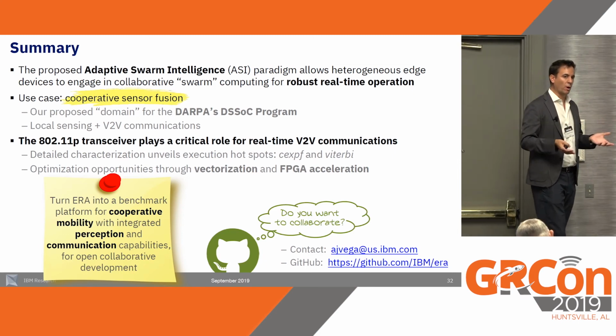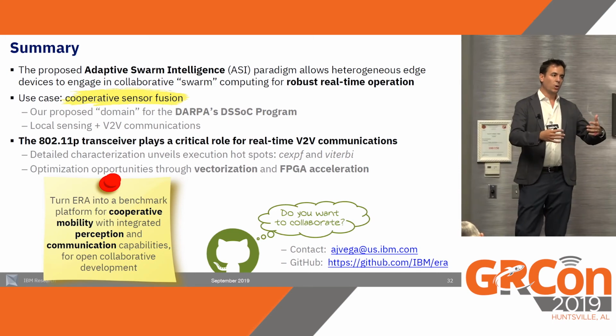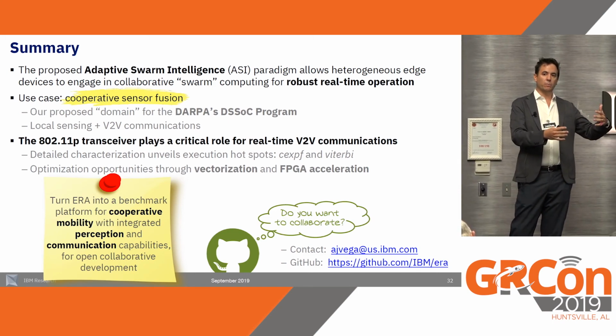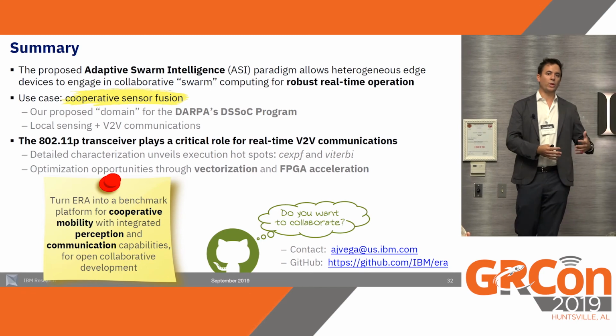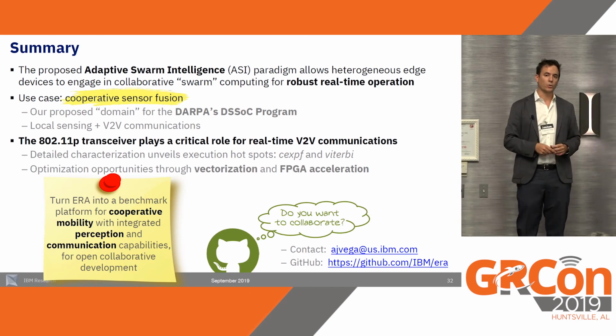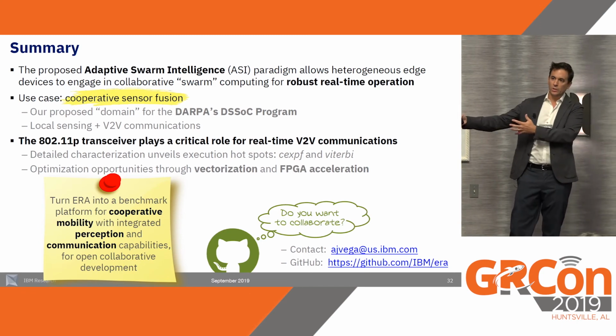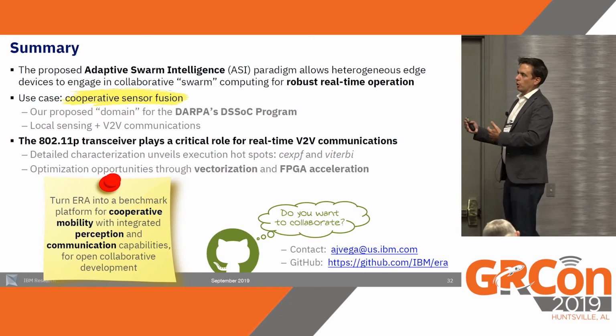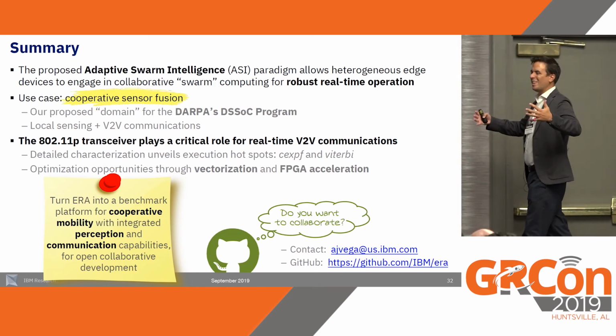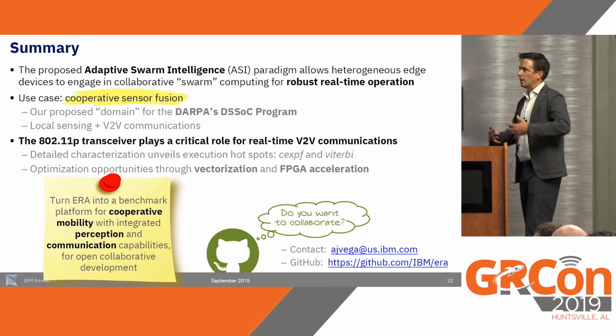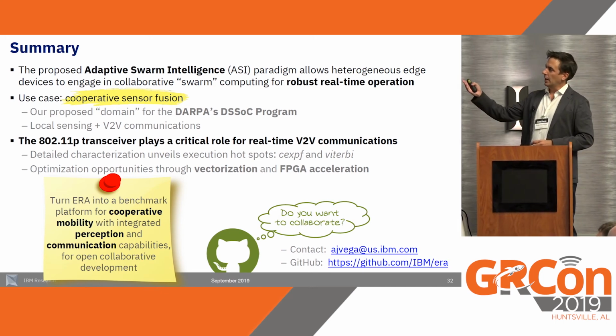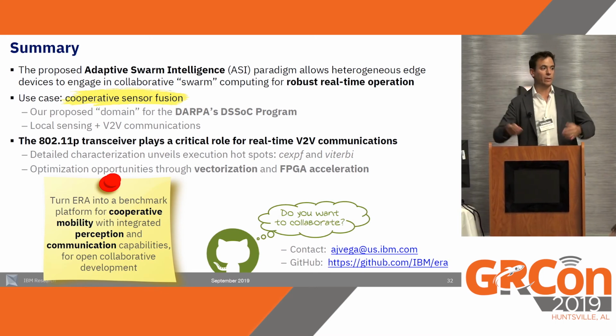Most of the time when we talk about connected autonomous vehicles, either we find a benchmark suite for computer vision and onboard planning and control, or we have separately another benchmark for vehicle-to-vehicle communications. I think we need to create a single unified platform for that and open it for collaborative development.